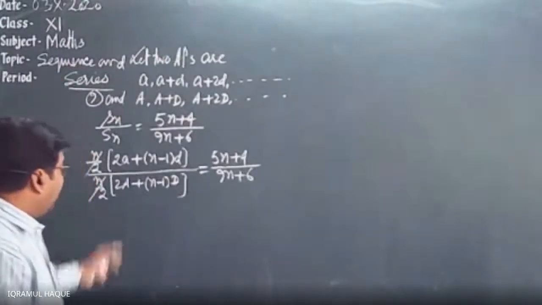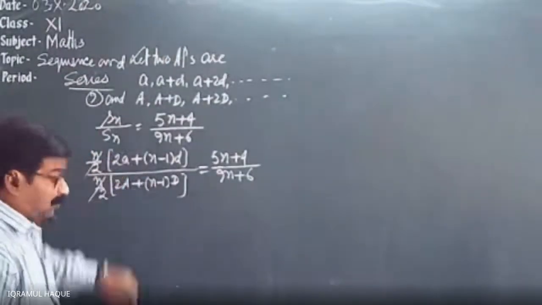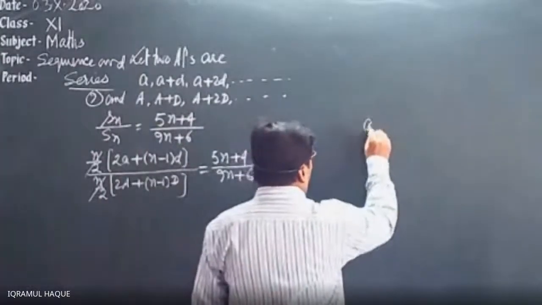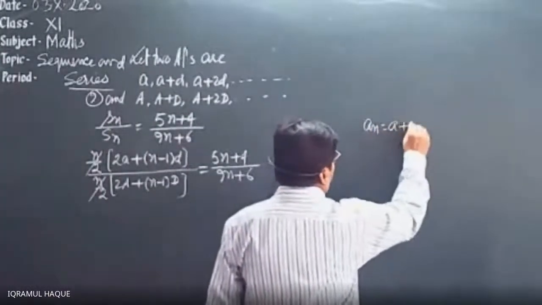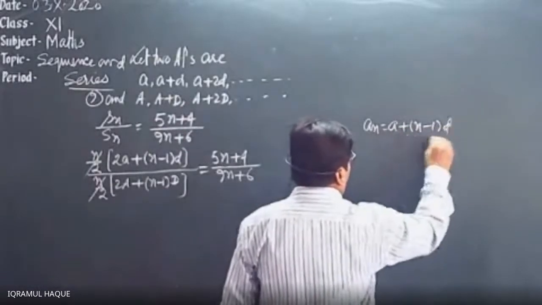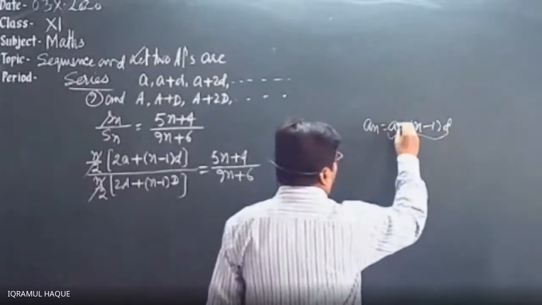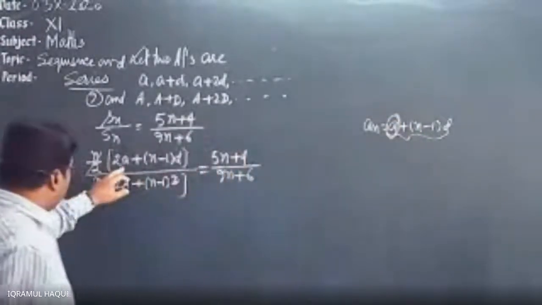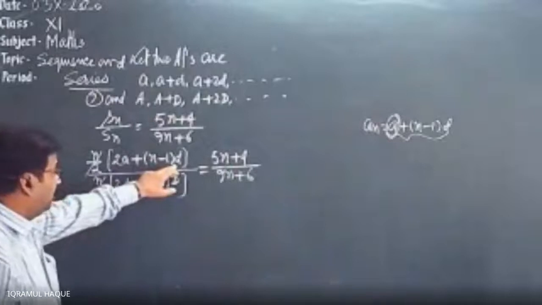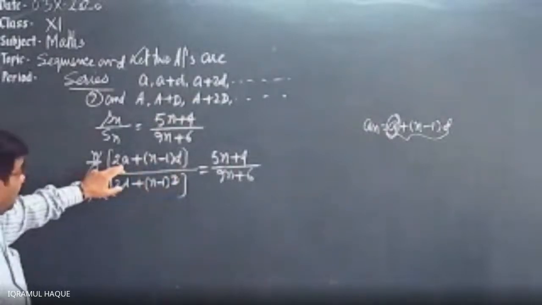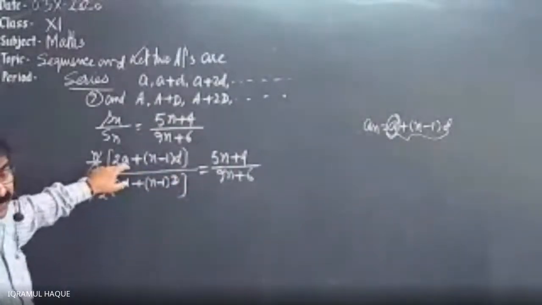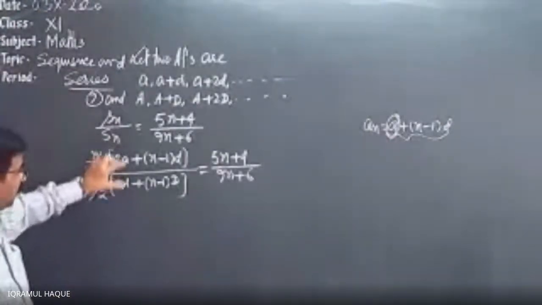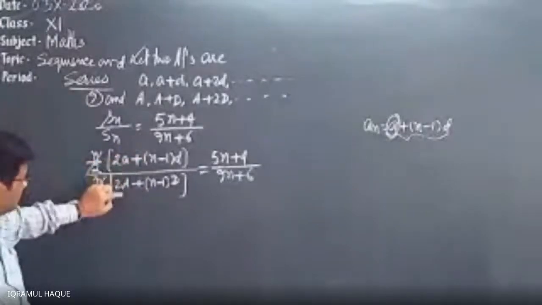Now, we have to change this into the nth term. I think you remember an is equal to a plus n minus 1 into d. Here we have 2a plus n minus 1 into d. It would have been a, so that we can change this into the nth term. So what to do? Divide both numerator and denominator by 2 to remove this 2 from here.